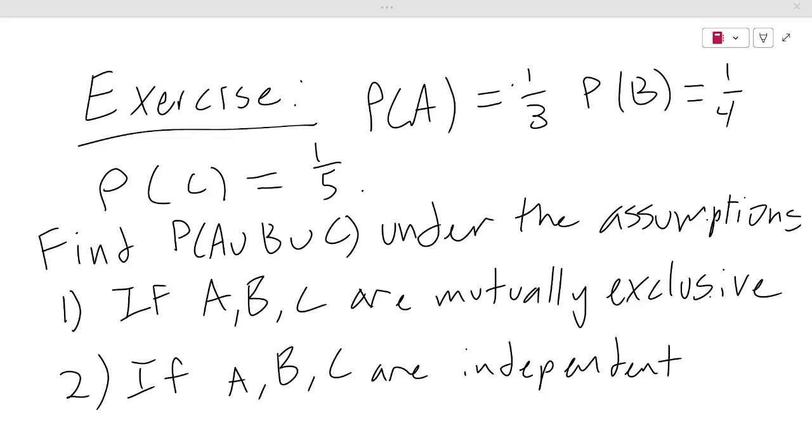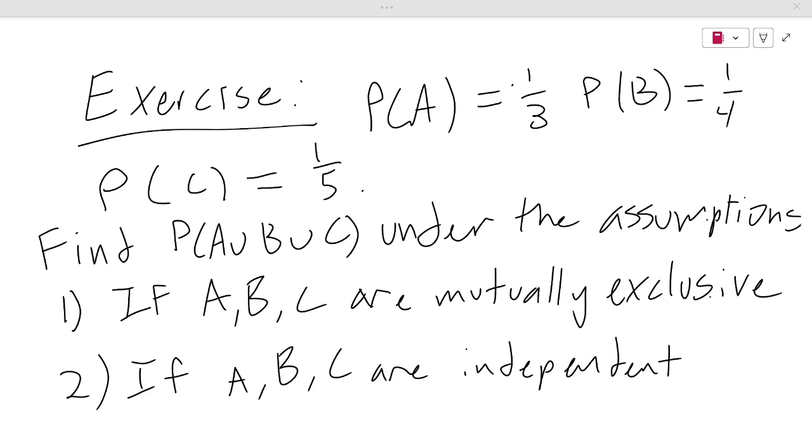Okay, so here's the exercise that I have for you all today. It discusses independence and conditional probability, but also talks about some of the other stuff we did with disjoint events. So we're going to have that the probability of the first event A is equal to 1/3. The probability of B is 1/4. The probability of C is 1/5.